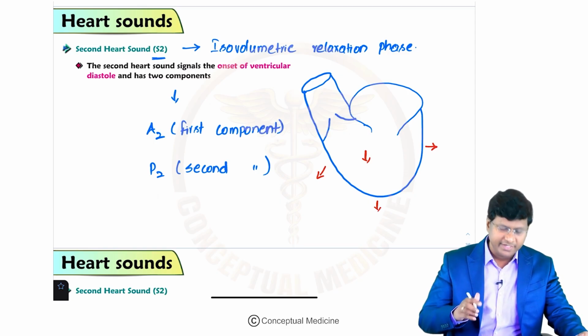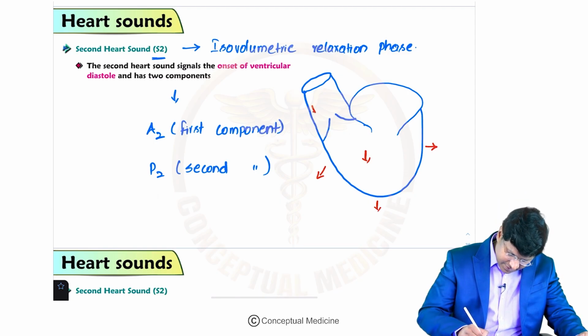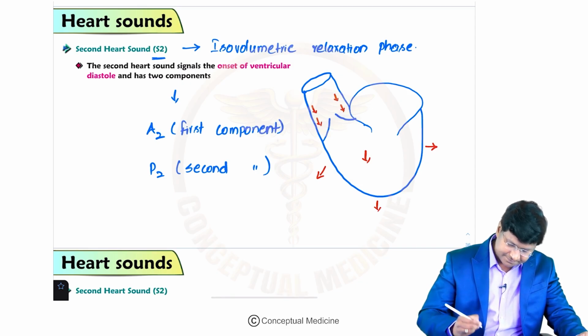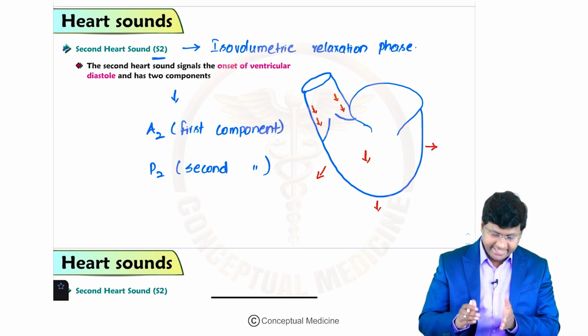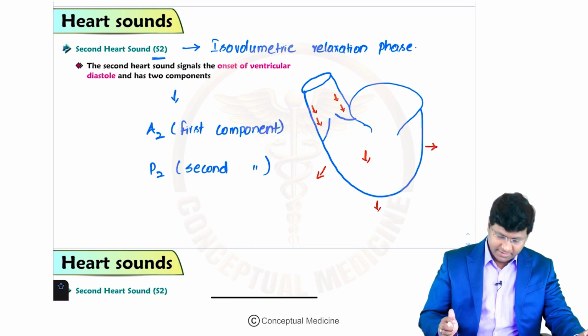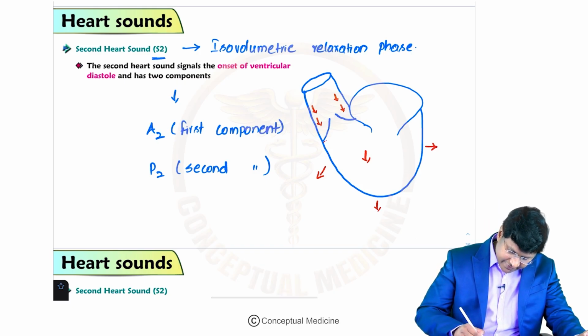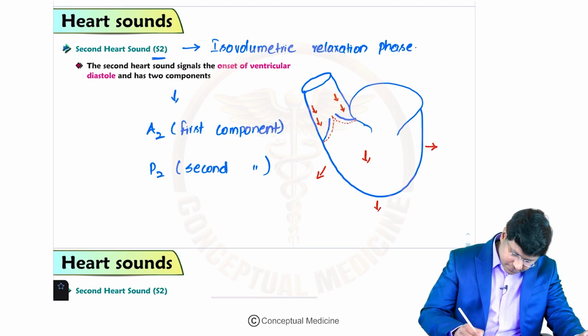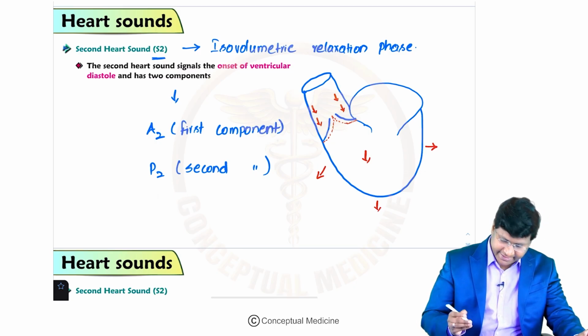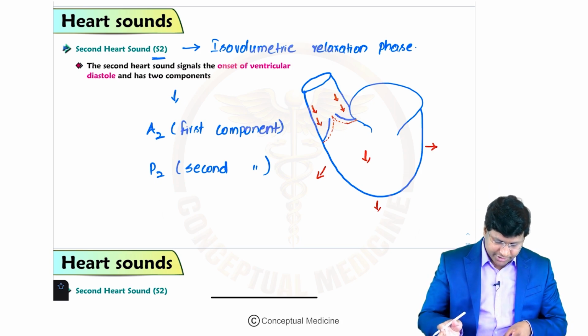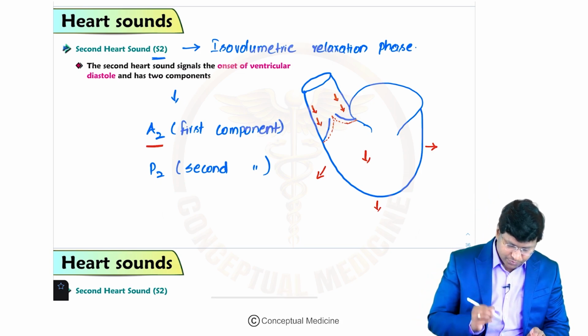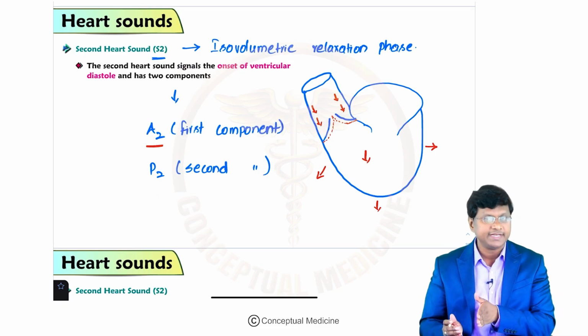Once the pressure within the ventricle decreases, the blood from the aorta will try to regurgitate back, and the regurgitating blood will hit the aortic valve, and thereby the aortic valve closes, and this closure will give rise to the A2 on the left side.